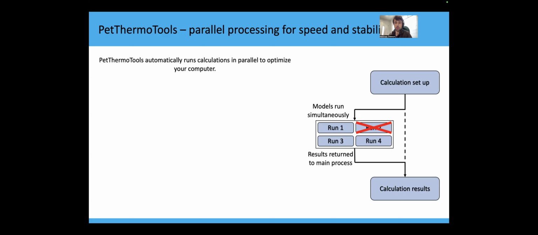Okay. Now, these calculations are going to run, and let's say once again that one of them hits an error. If it hits an error, that's annoying, yes, but it does sometimes happen in thermodynamic modeling. The problem we've found is that we can't always catch the errors in PetThermoTools.